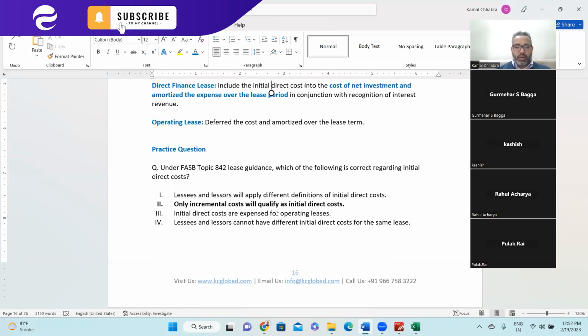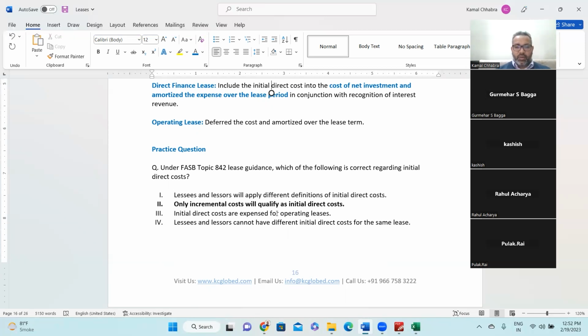Third, initial direct costs are expensed for operating leases. Fourth, lessee and lessor cannot have different initial direct costs for the same lease. What we have studied so far in this topic? This question can come in your exam also. This is like past year exam questions, which I have added here in practice questions.